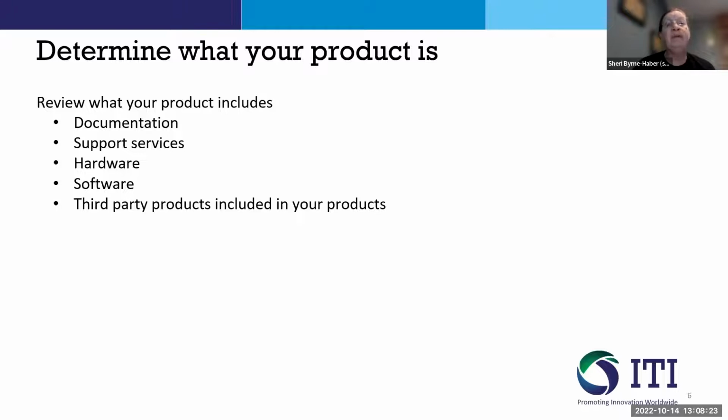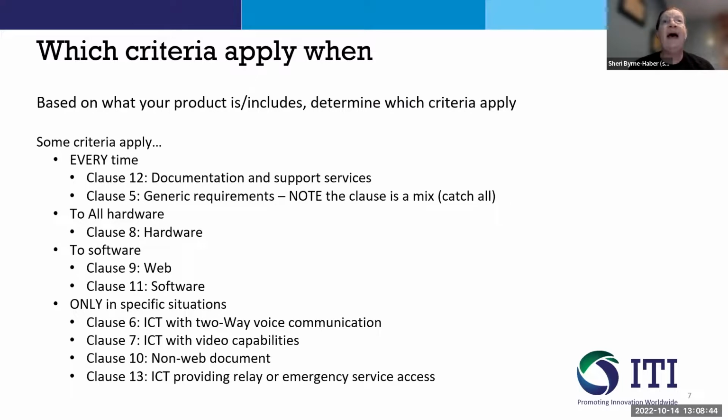And that includes things like documentation that may go with the product, support services that you may provide with the product, whether your product has any hardware components at all, what kind of software or web goes with the product, and whether or not there are any third-party products that are included inside your products. Once you've done that, then you need to map that list to the EN 301549 categories to determine which criteria apply to you and how you complete it.